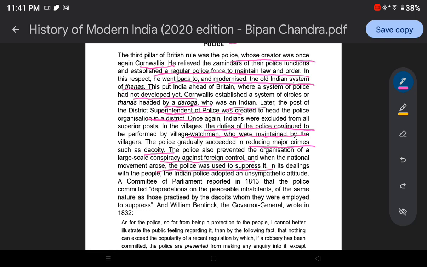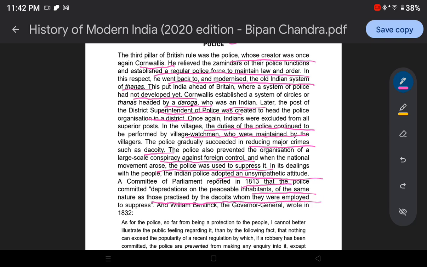In its dealings with the people, the Indian police adopted an unsympathetic attitude. A committee of parliament reported in 1813 that the police committed depredation on the peaceable inhabitants of the same nature as those practiced by the dacoits whom they were employed to suppress.